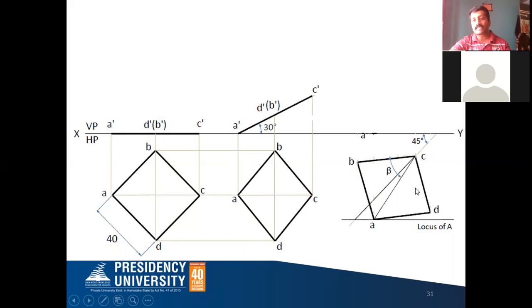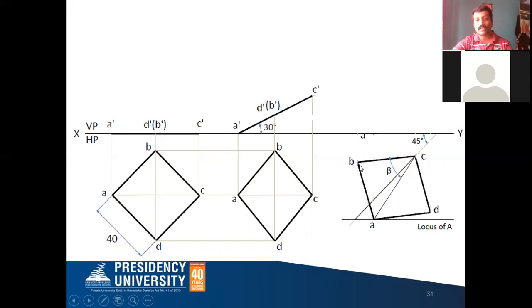So after getting this AC, you have to redraw the previous top view, that is the apparent shape of the top view, such that this AC should coincide to this AC. How to do this? A and C, you know, correct? A and C, you know. A to B, C to B distance is the same, as well as A to D, C to D distance is the same. With the help of your compass, you can take any one of that distance.